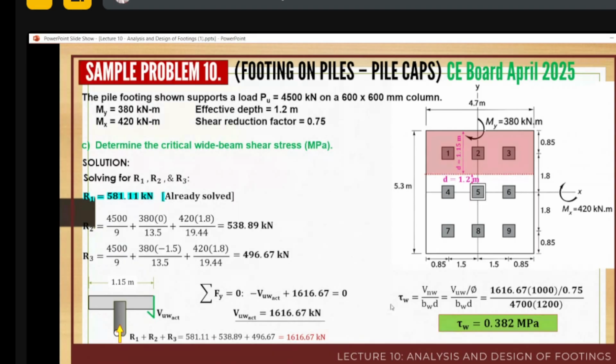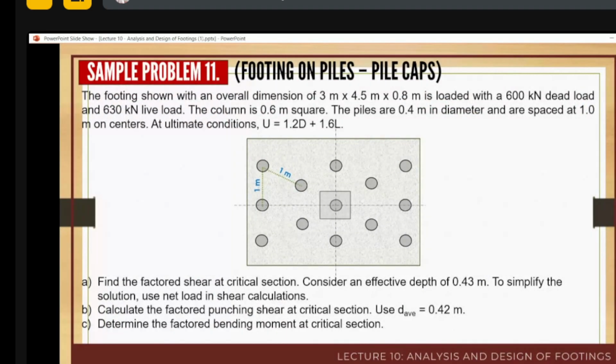For the shear stress, you divide the actual shear by the 0.75 reduction factor for shear, then by bw, which is 4.7, times the effective depth of 1.2 meters or 1,200 mm. Therefore, the shear stress for one-way shear is 0.382. That resolves the problem on piles.